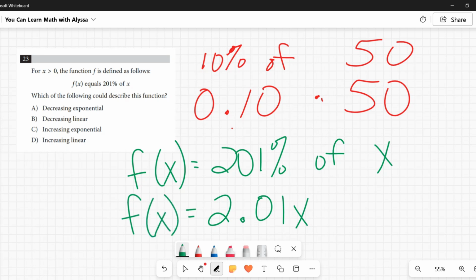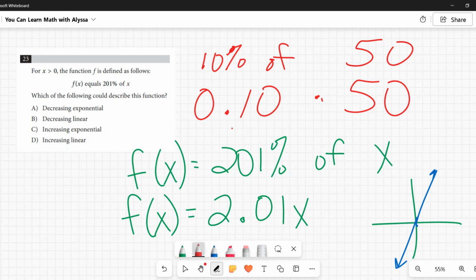And that, my friends, is a line. 2.01 times x. It's just a number times x. If you graph it, it's going to be a line that goes right through the origin with a slope of about 2. So that's a line. F of x equals 2.01x.